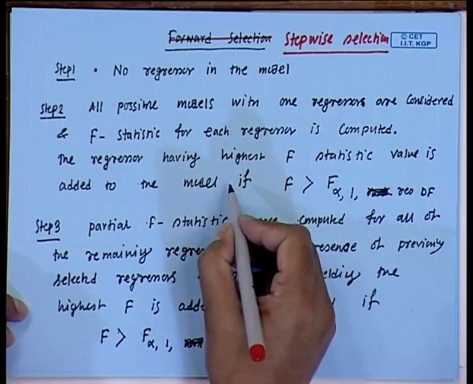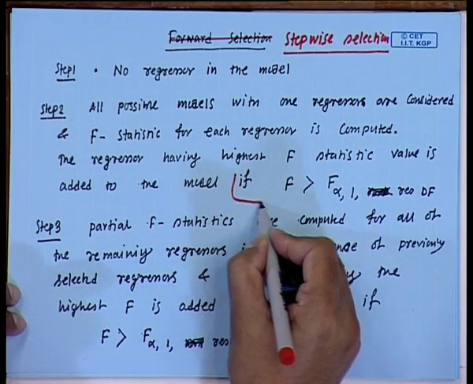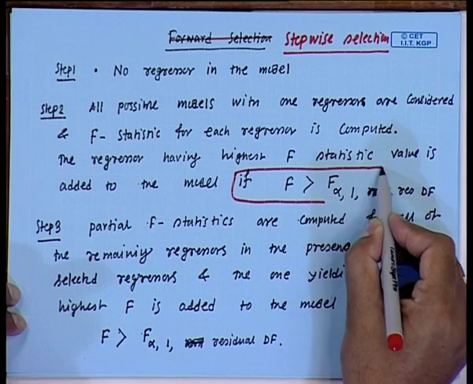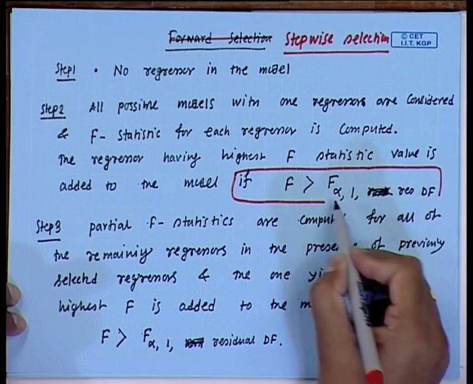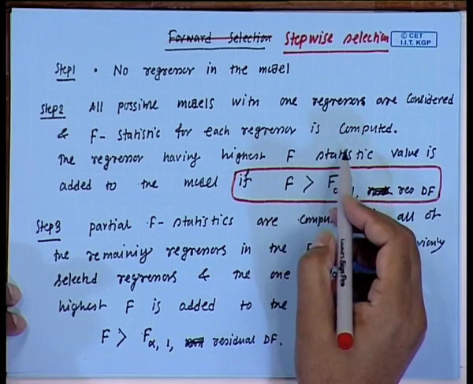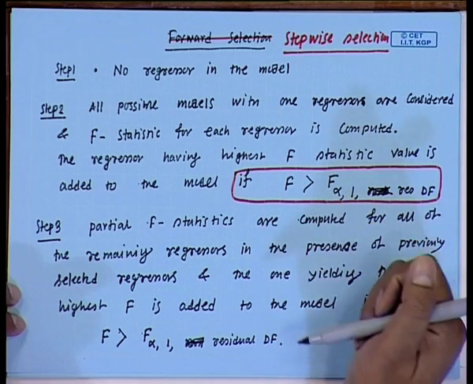For stepwise selection there is no condition. You do not need to check the tabulated value of F for the first regressor in the model.